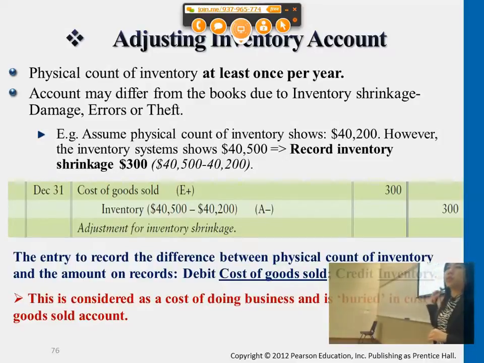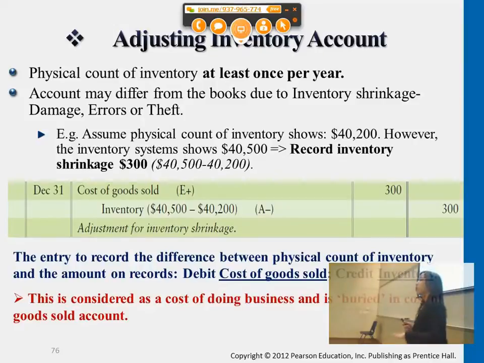So they will do a physical count at the end of the year. If the inventory in the warehouse has a lower value compared to what's in the system, then the difference is here.